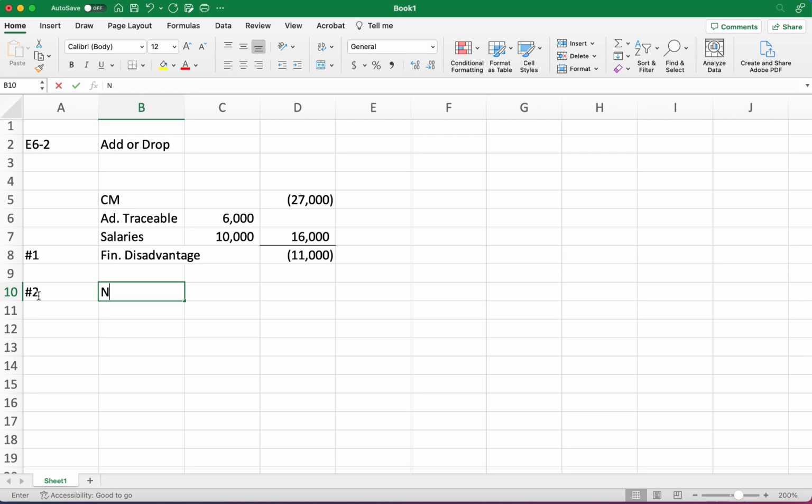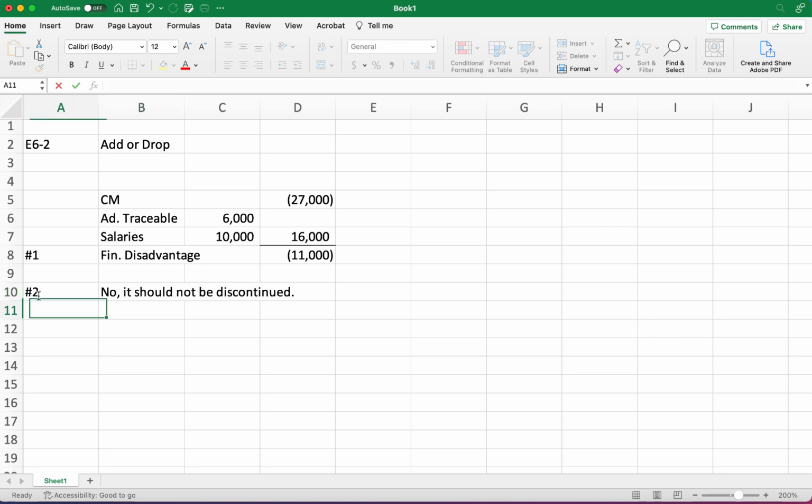That answer is no. It should not be discontinued, because if we do, we would actually incur more of a loss. We would have a financial disadvantage of dropping that.